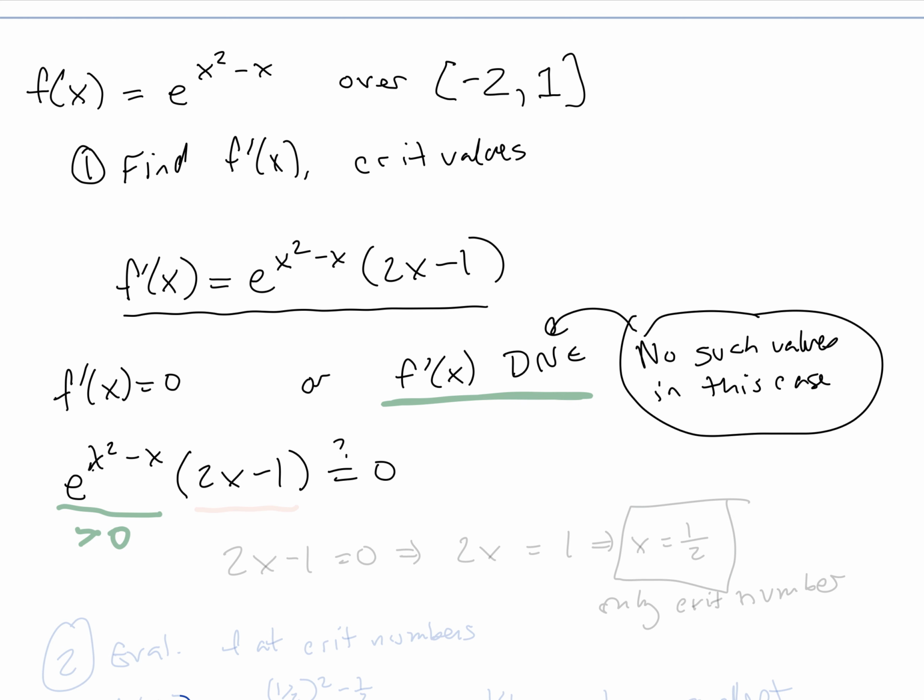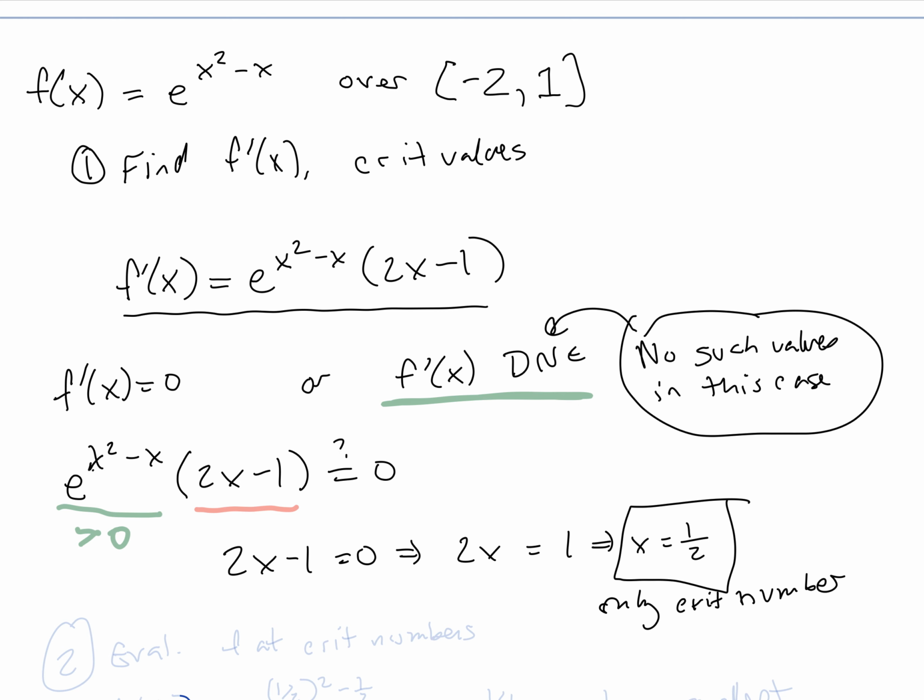So that part is never 0. But the other piece that it's multiplied by can be 0. So when does that occur? 2x minus 1 equals 0 implies that 2x is equal to 1, or x equals 1/2. So this is our only critical number, our only critical value.